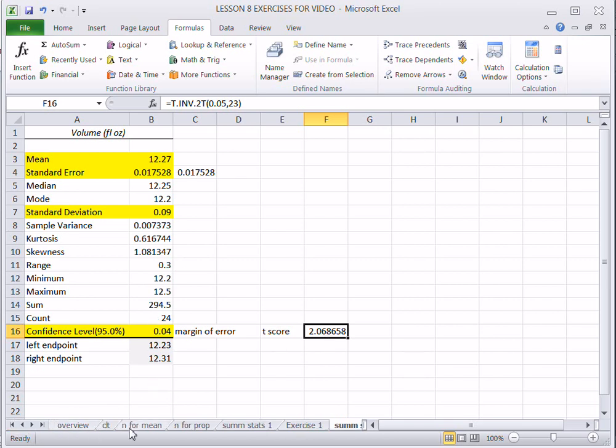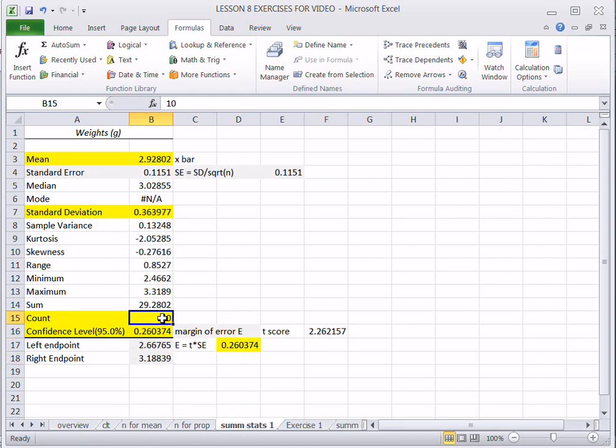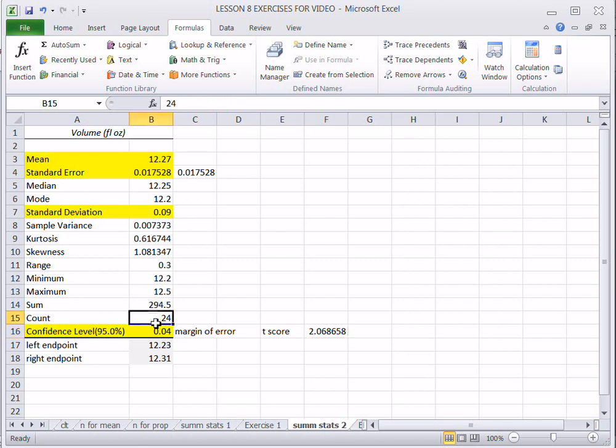Recall that when our sample size was only 10, all right, we were 2.26 standard deviations away from the mean. So by increasing our sample size to 24, we've decreased the t-score. Okay, it's a little closer to the middle, 2.06, a little smaller.